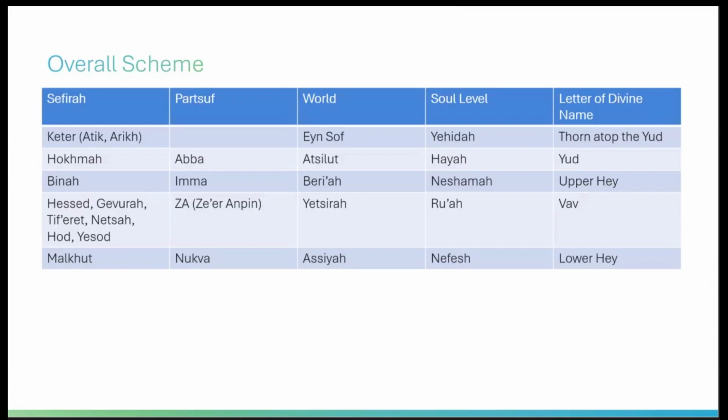So that's the Ein Sof, the transcendent levels, and then the Yud corresponds to Chochmah, Abba, Atzilut, the upper Hay to Bina, Vav to the six Sefirot, and the lower Hay to Malchut. So that is overall the correlation.